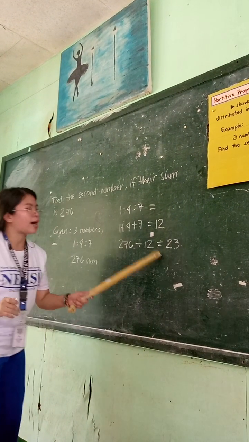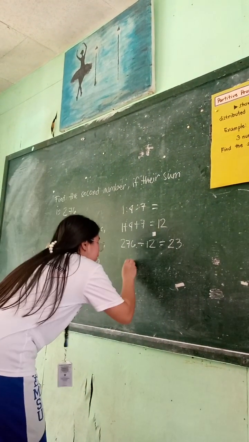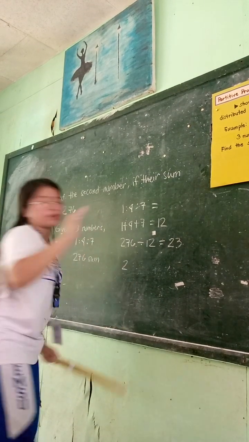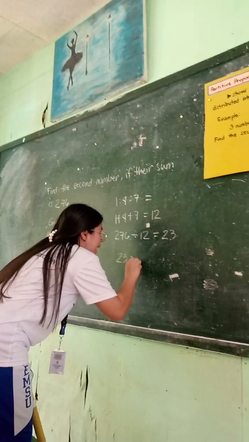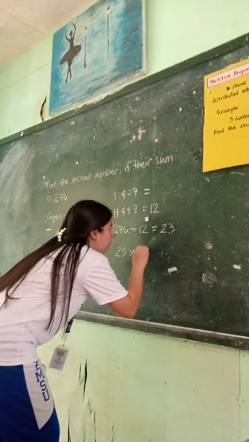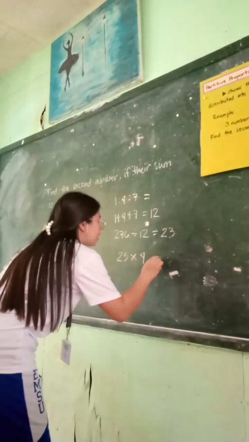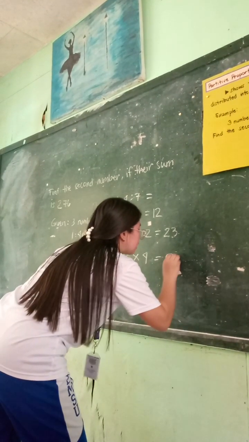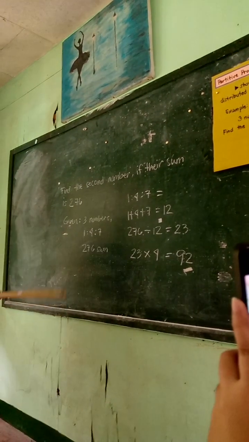So 23 times 4, because 4 is what is asked here. So 92. The answer is 92.